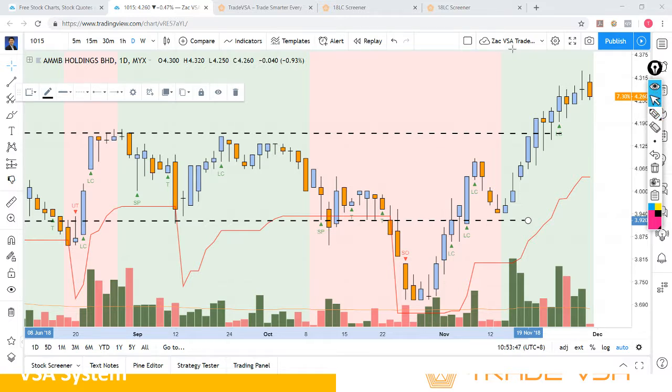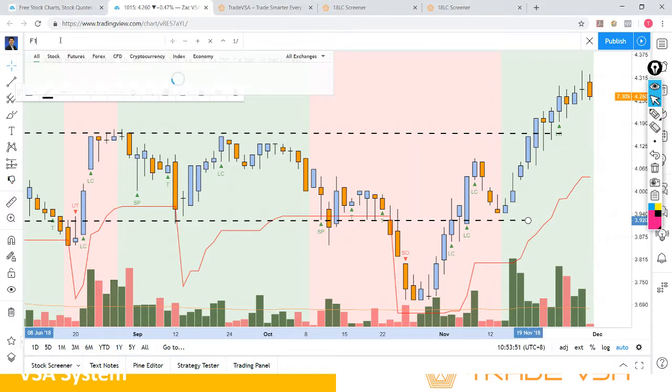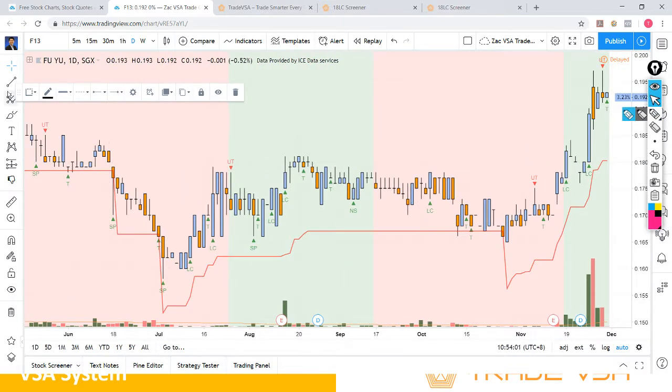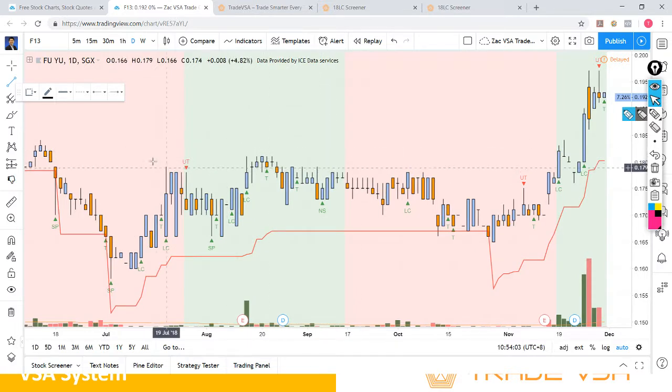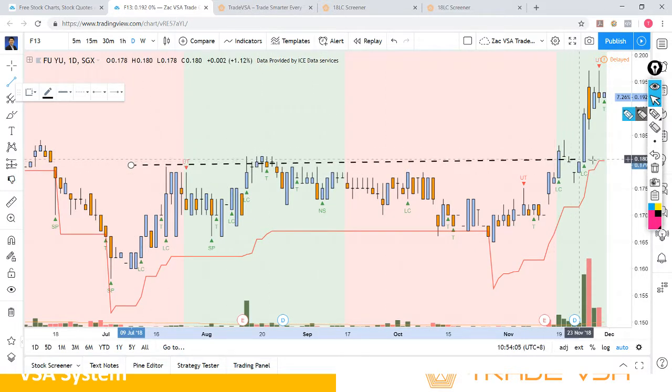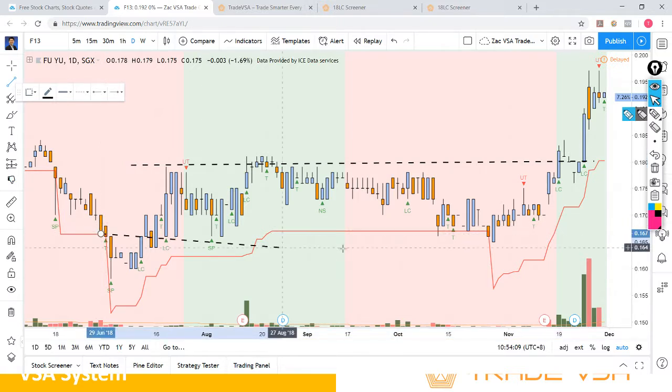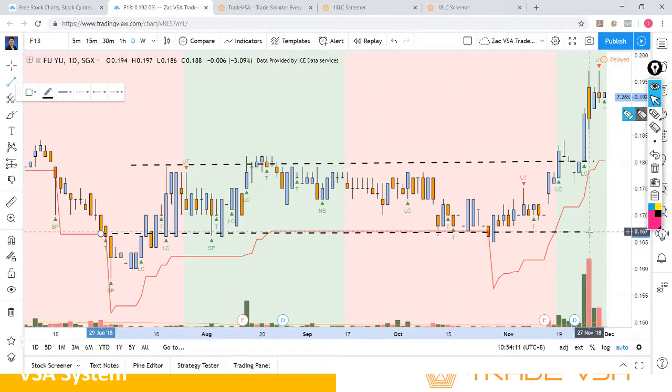For the next stock, I have from Singapore, Fuyu, F13. Fuyu has similar patterns. We are using line change here. You can see this is the accumulations, right?